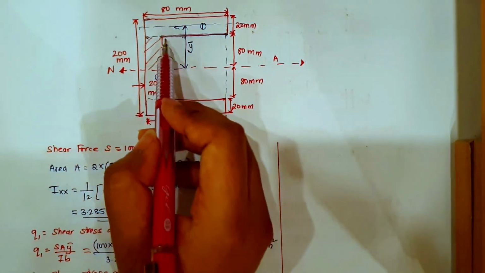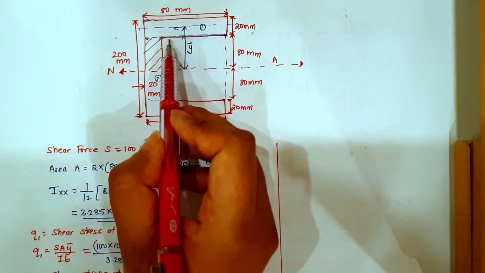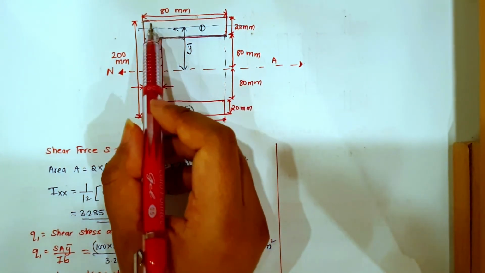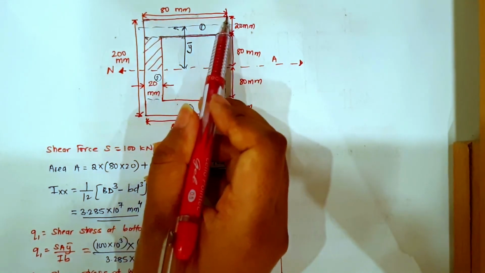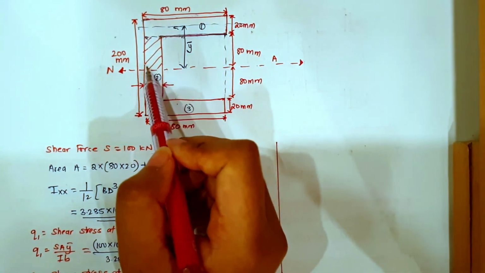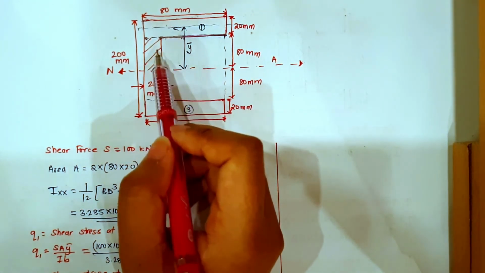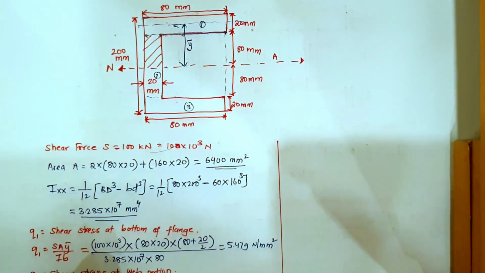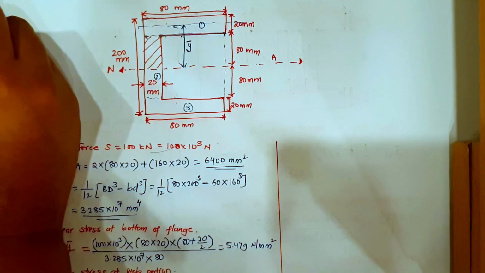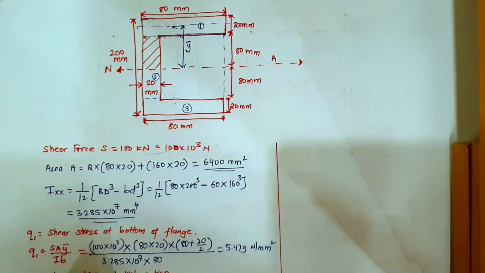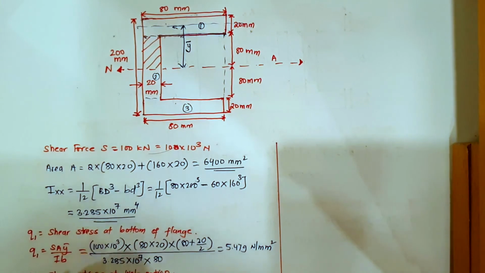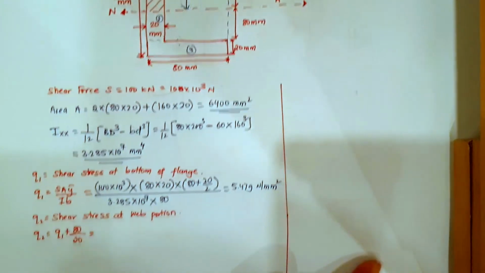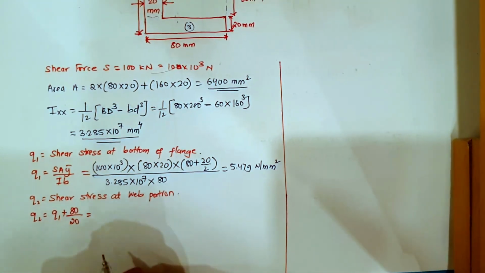So what is the depth of this section? It is 80, right? What is the total width from above? This is the junction in between web and flange. Okay, so ऊपर B flange का B कितना था? It was 80. It was 80 divided by thickness of this web is 20. So from here I have 80 by 20, right?